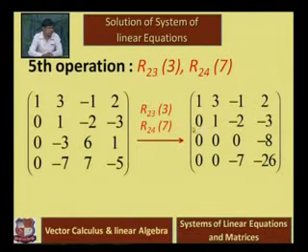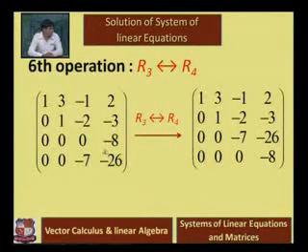Doing that operation, the resultant matrix is 1 3 minus 1 2, 0 1 minus 2 minus 3, 0 0 0 minus 8, and 0 0 minus 7 minus 27, and that matrix is this.